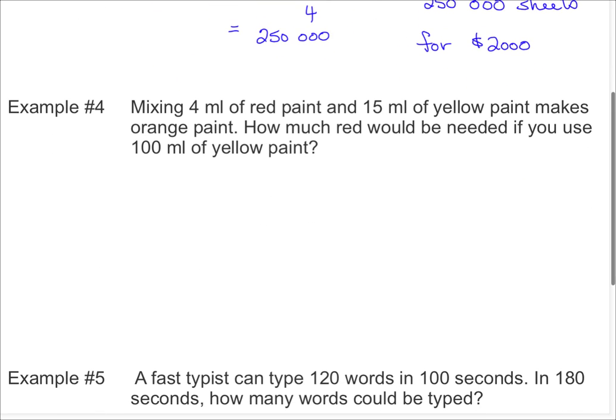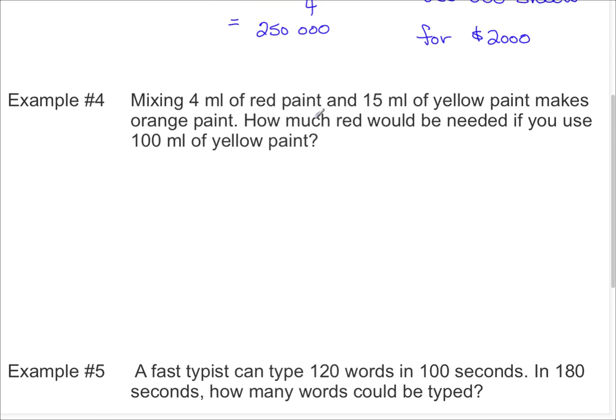All right, what do we got here? We got two more examples. Mixing 4 milliliters of red paint and 15 milliliters of yellow paint. So that makes orange. So if we want to make orange paint, we've got red on the top, and that's 4 milliliters of red, and yellow on the bottom is 15 milliliters of yellow. So we got red on the top, yellow on the bottom.